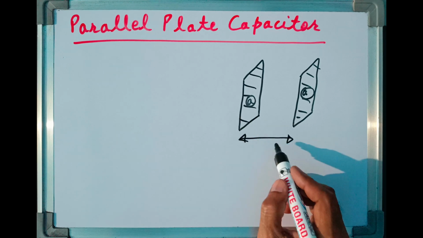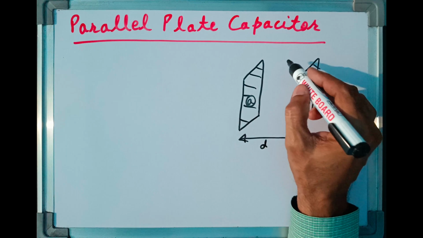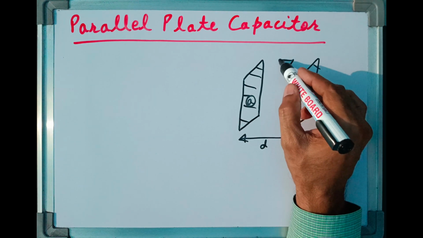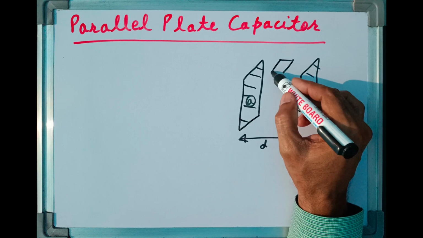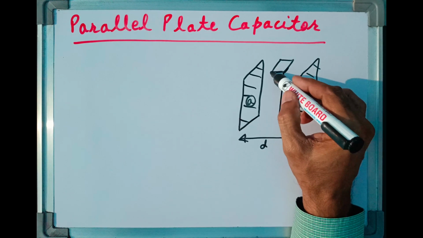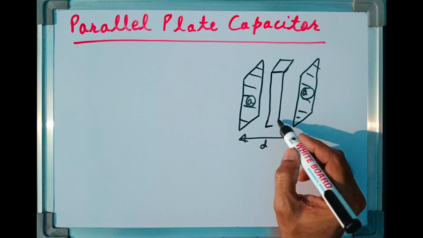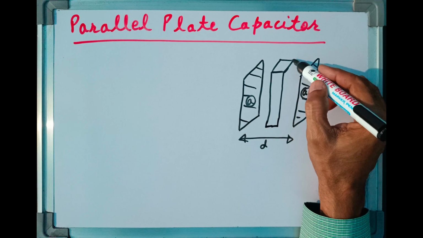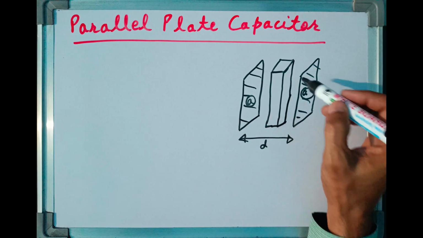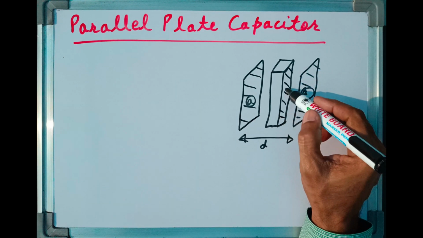Let us suppose this distance is d, and a slab of some dielectric medium is held in the space between the two plates. The area of cross section of this dielectric slab is also kept same.